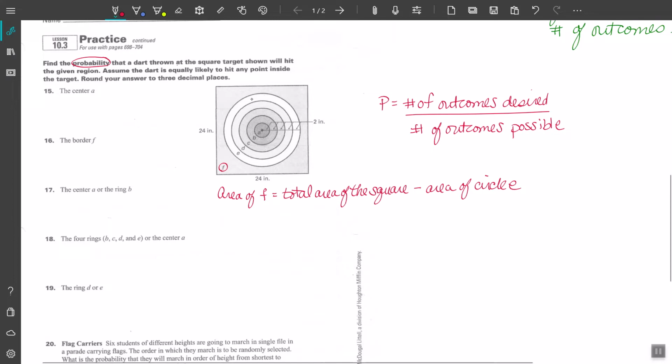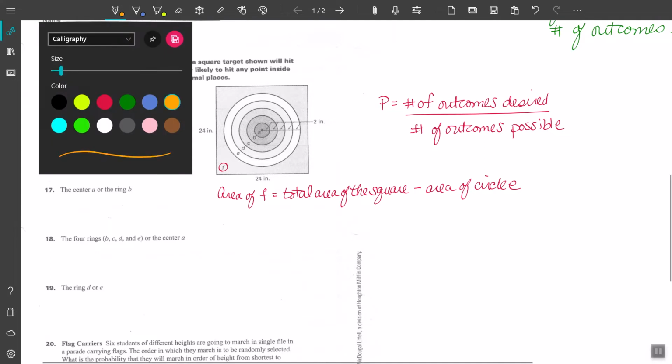So if we find the area of this, then we're going to find the area of all of those interior circles as well.